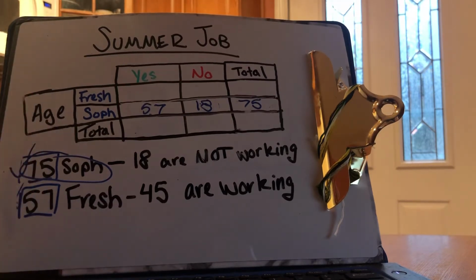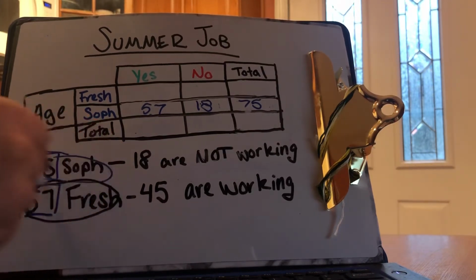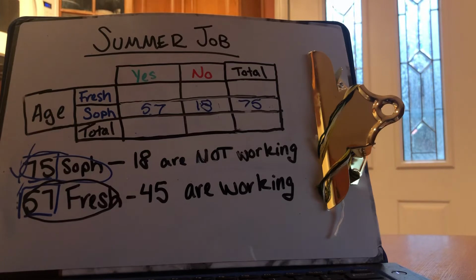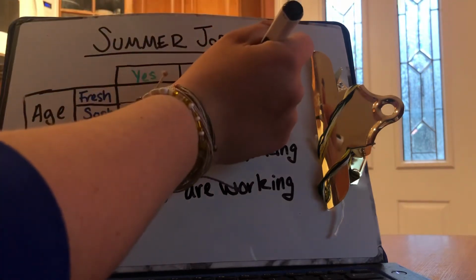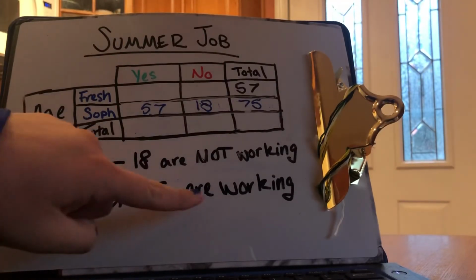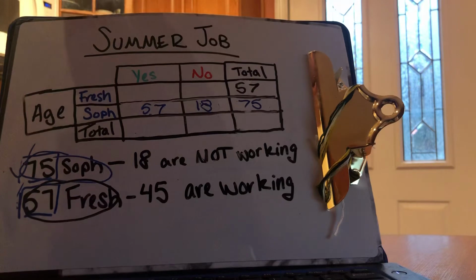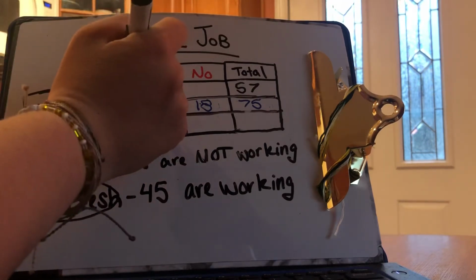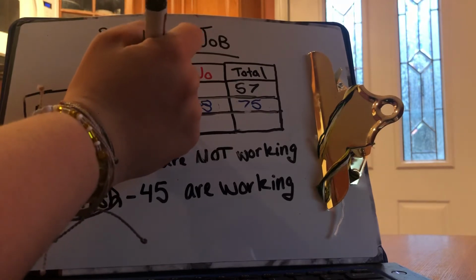We're done with that. Okay, next thing, it says freshmen. So freshmen here, 57 freshmen. So I know my total, I'm going to start over here again. 57 for the freshmen. It says 45 are working, so the column we're plugging into is going to be different. So 45 are, so I'm going to put that in the yes. 45.